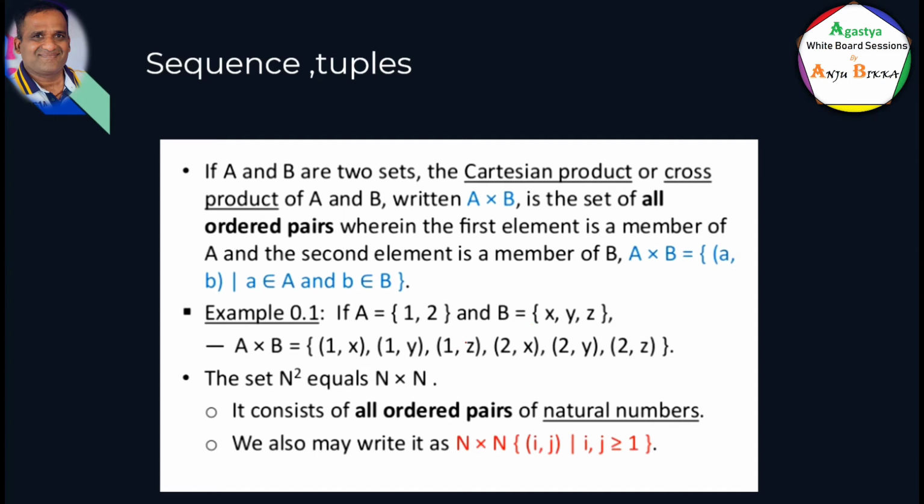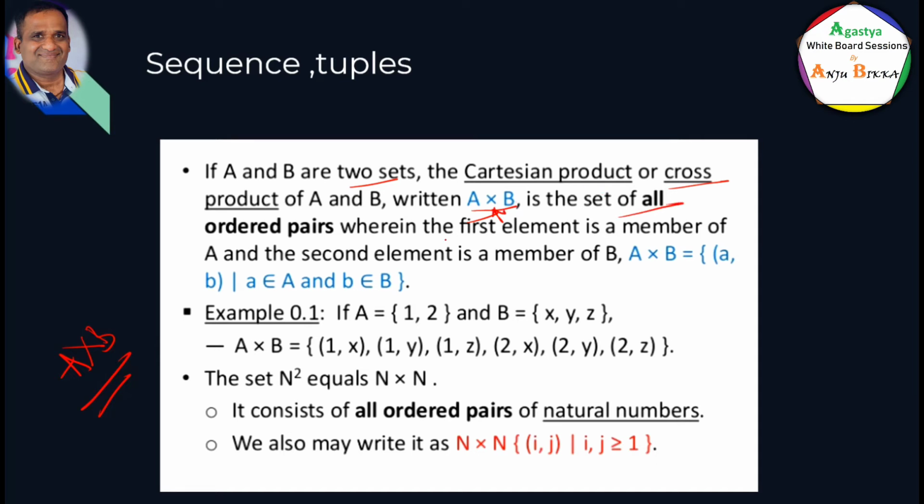Now, in sequences and tuples, we are going to discuss the Cartesian product, the cross product. What is the meaning of a cross product, the Cartesian product? If A and B are two sets, the Cartesian product, the cross product of A and B, is written like this.